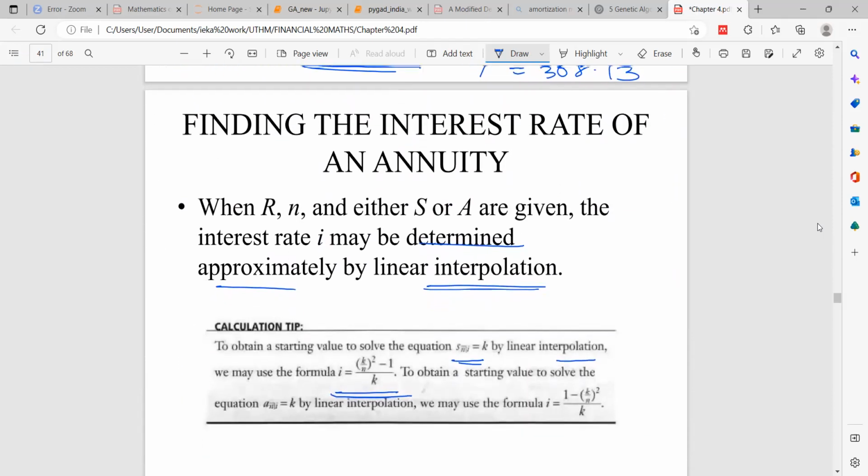Next is finding the interest rate of an annuity. So, macam mana nak cari interest rate untuk annuity, kita boleh guna cara linear interpolation.